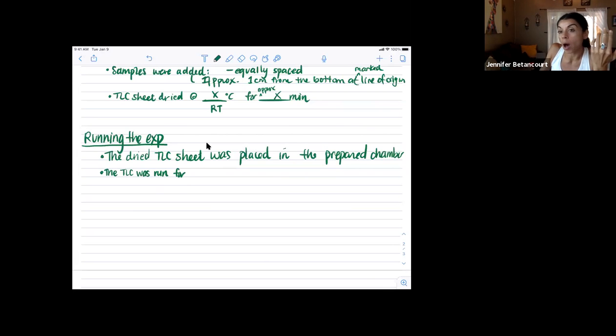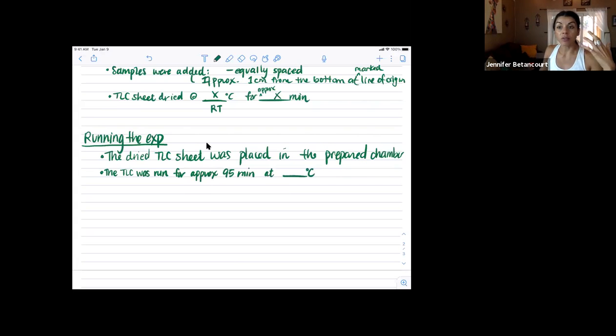So you can just say approximately and then choose one of those. 95 minutes, it's usually time, temp, anything else special. 95 minutes at whatever the temperature inside the fume hood was.